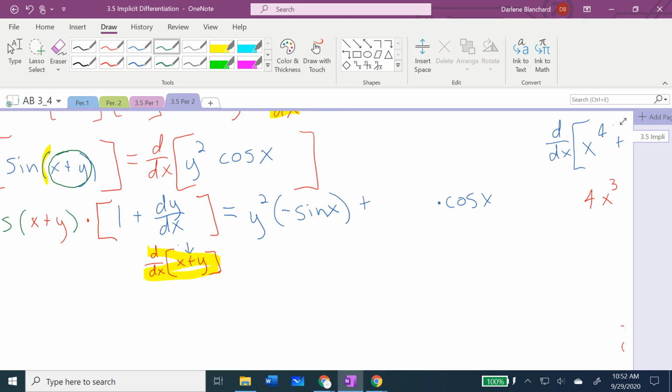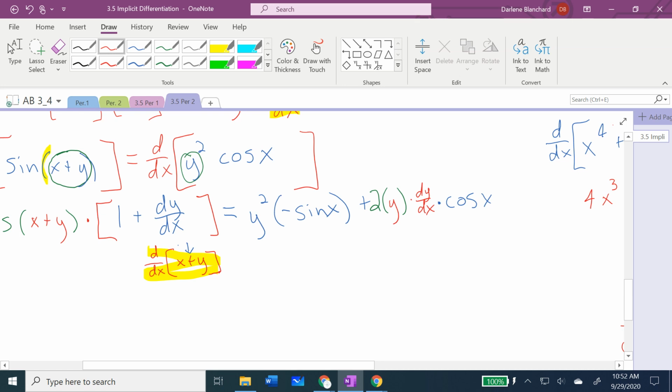But as I take the derivative of the y squared, I need to see the chain rule. So the mommy function is blah squared. The derivative using power rule is 2 blah. Chain rule says give mommy her baby and multiply by the derivative of that baby with respect to x.